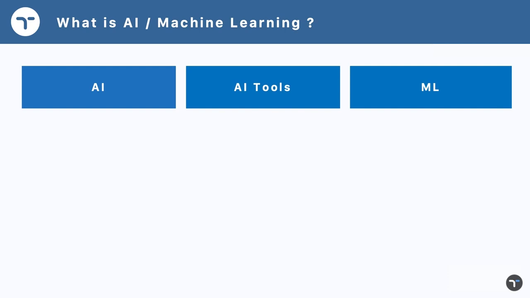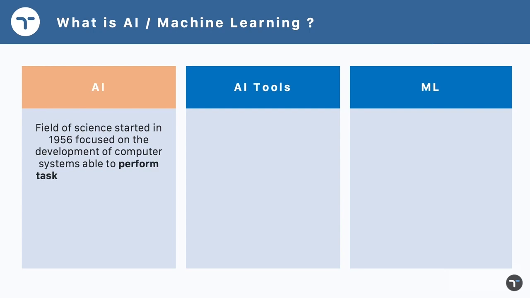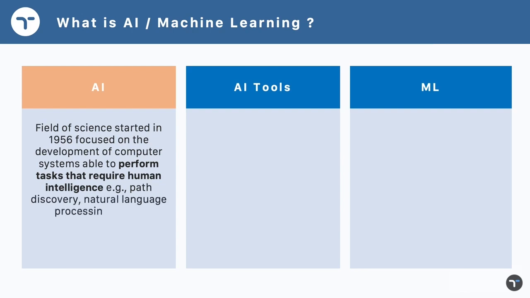To simplify, AI is a field of mathematics that has been there for quite a while, since 1956. What they were trying to do, the goal, was to mimic human intelligence to solve problems, like recognizing parts of speech, what Siri or Alexa does, automatic translation, or finding the shortest path between two points in a graph or in a map.